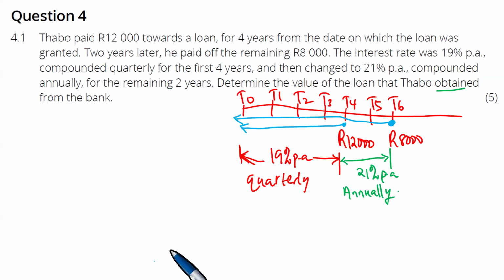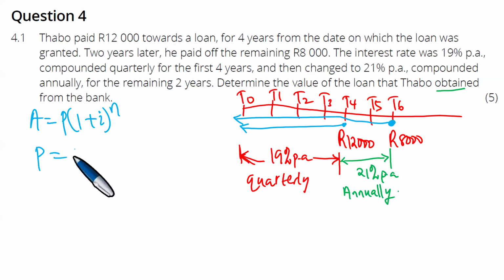So that in the end, if you know that A equals P(1 plus i) to the nth power for the loans, then to get the present value of the loan, you make P the subject.